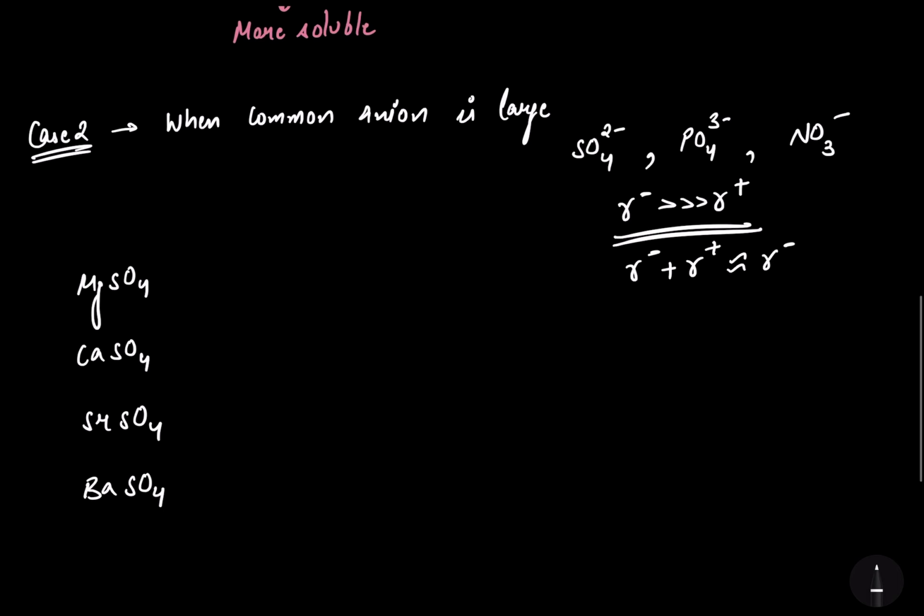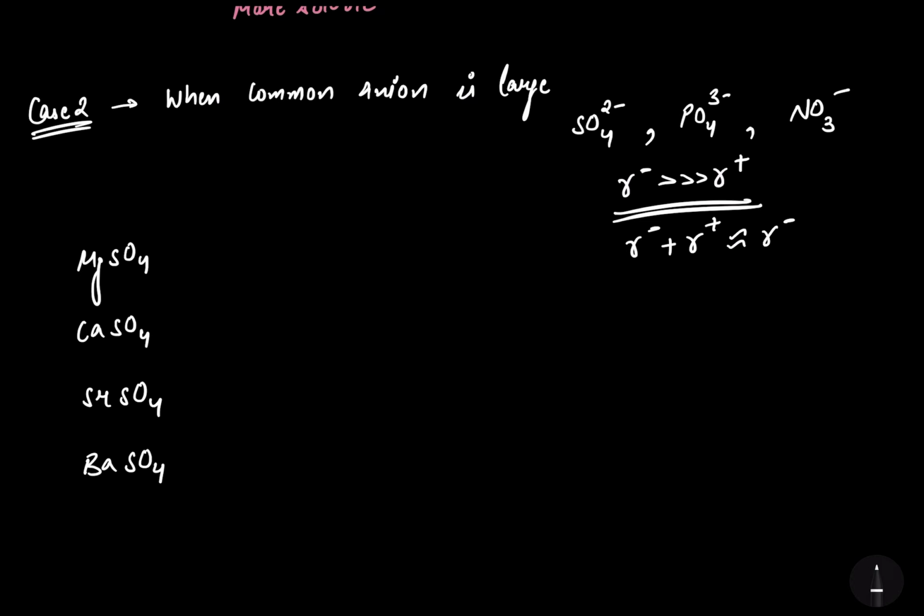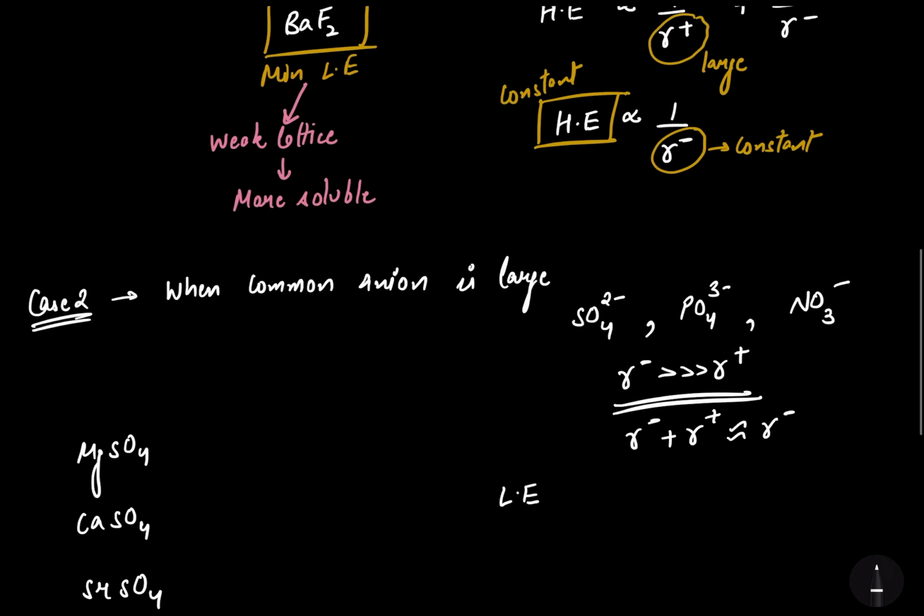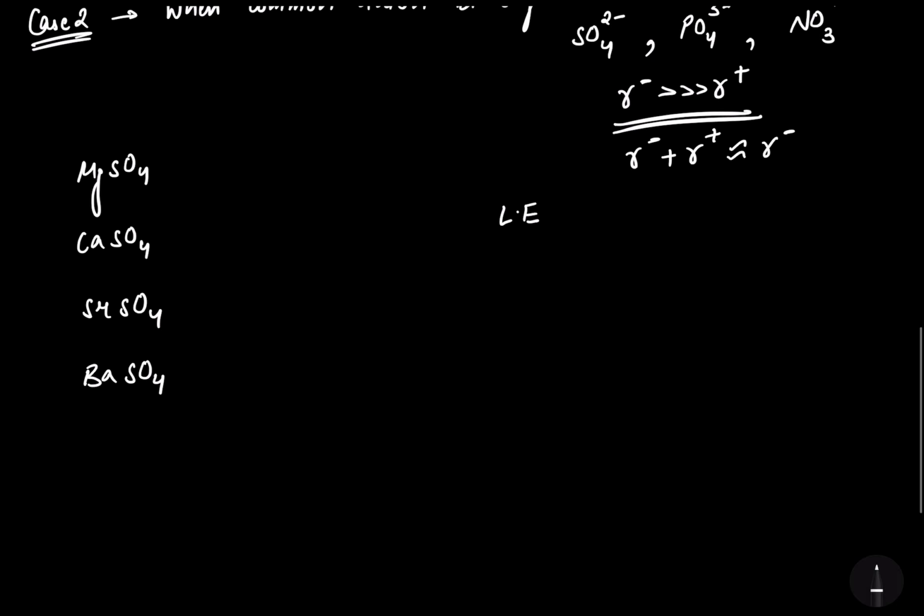Now let's talk about the lattice energy first. Lattice energy is inversely proportional to the sum of the radius of cation and the radius of anion. In this case, the sum is somewhat equal to the radius of the anion only.